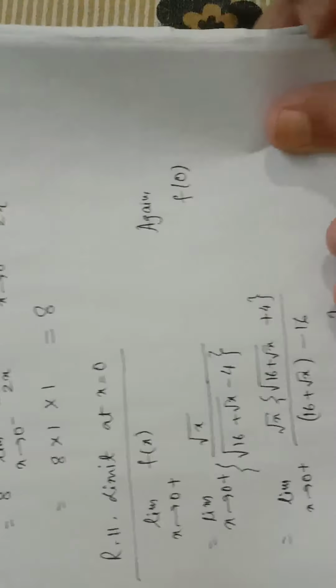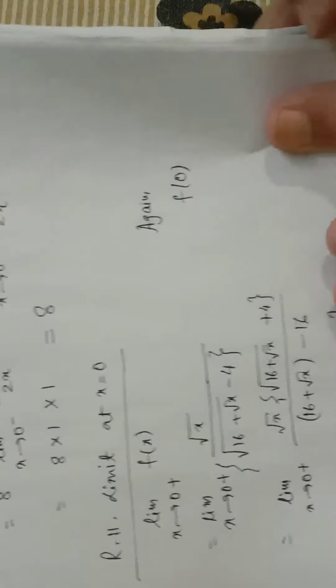Let us find the left hand limit at this point, x equal to a. What is a? A is an arbitrary integer. It may be 1, it may be 2, it may be 5, it may be 10.